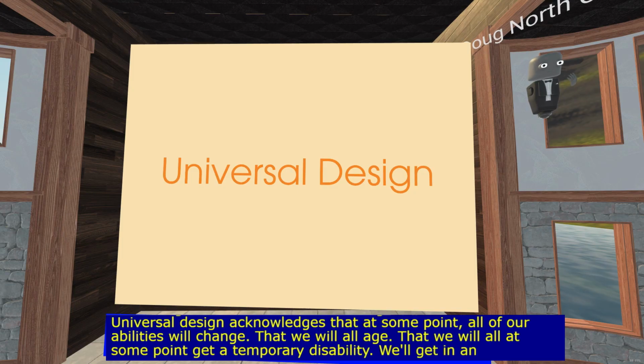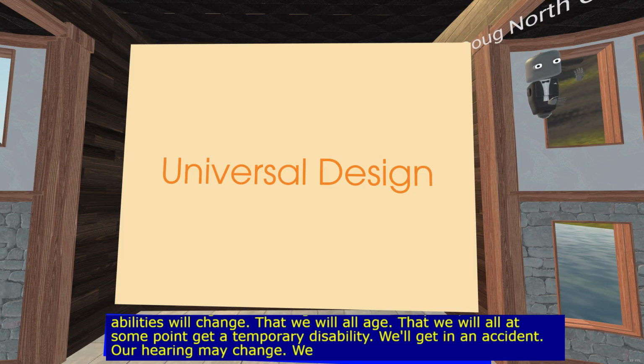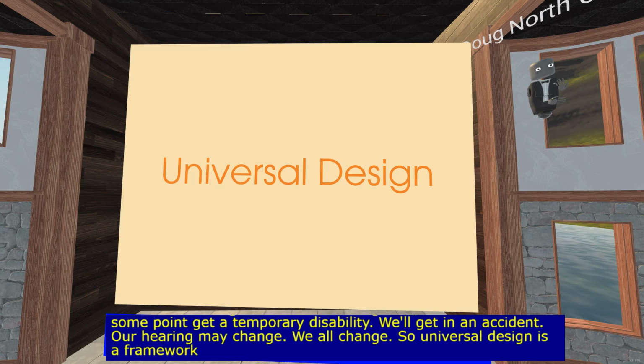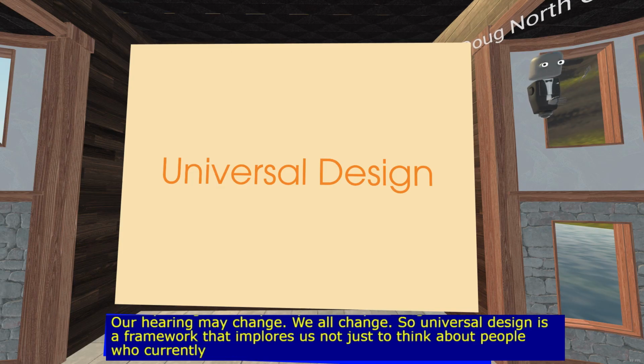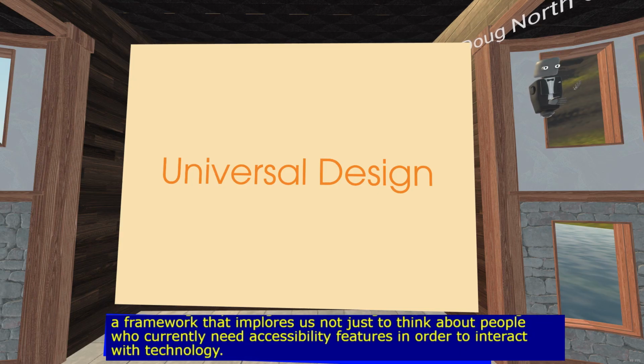So universal design is a framework that implores us not just to think about people who currently need accessibility features in order to interact with technology, but also to think about our future selves.